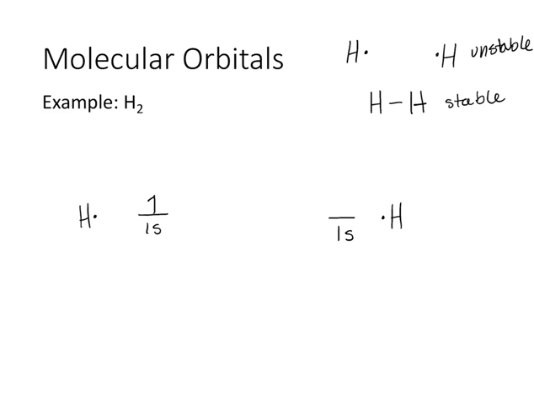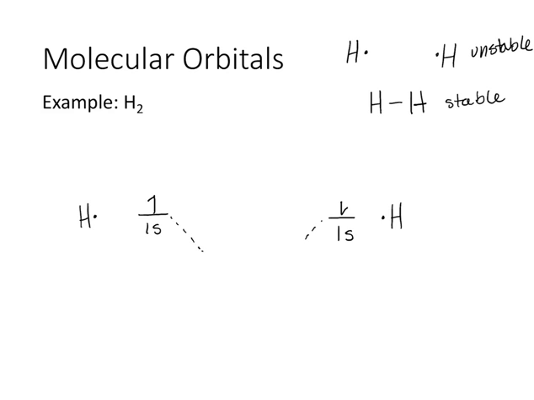Okay, so I'm going to draw one electron spin up and the other one spin down because we can probably guess they're going to come together and form a bond, so they have to be opposite spin. Now, there are a couple of possibilities here for bonding or pairing up of these electrons.